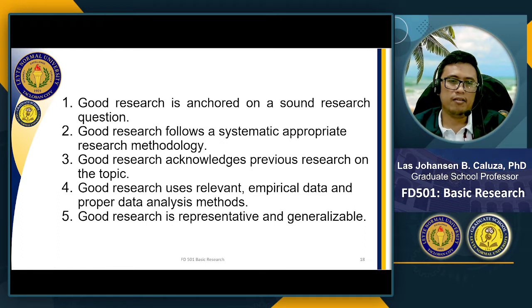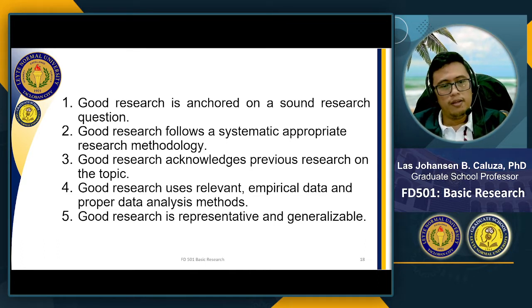Alright, second, good research follows a systematic, appropriate research methodology. The overall quality and success of a research study are largely determined by the research methodology.